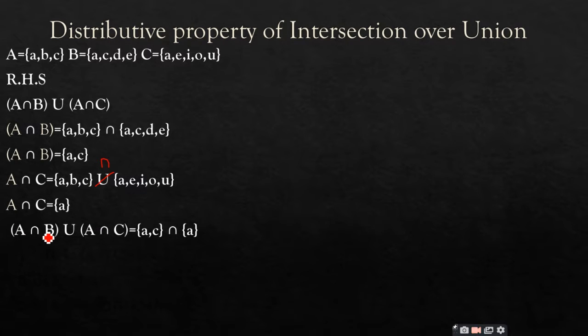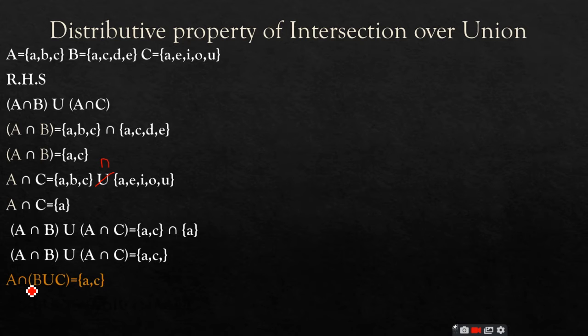Now (A intersection B) union (A intersection C) is equal to the answer of A intersection B and then the answer of A intersection C. And when we find their union, the union is A comma C. And you can see that the answer of A intersection (B union C) is also A comma C. So the distributive property of intersection over union is also proved.